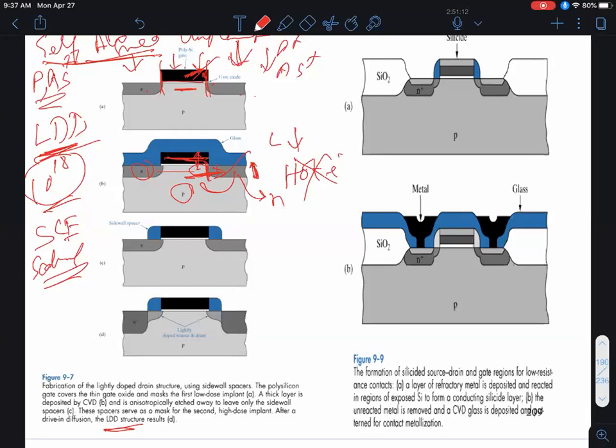Well, if you go back to your PN junction theory, you'll see that if you reduce the doping on either side of a PN junction, that causes the depletion region to expand, and your peak electric field goes down. And that's what I do by having a lightly doped source drain that is self-aligned with respect to the gate edges, okay? So the self-alignment minimizes your overlap capacitance, the Miller overlap capacitance between the gate and the drain.